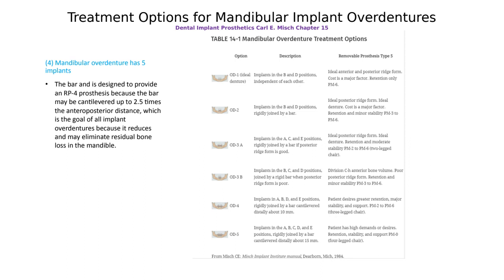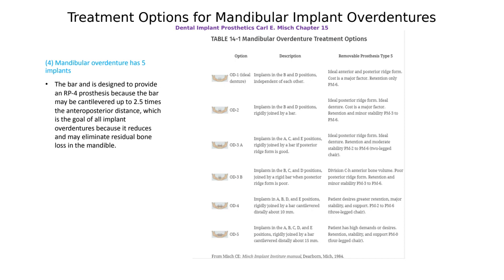Another treatment option would be a mandibular overdenture that has 5 implants, and the bar is designed to provide a prosthesis that has a cantilever that is 2.5 times the anterior-posterior distance. And that means that it's a longer cantilever space.